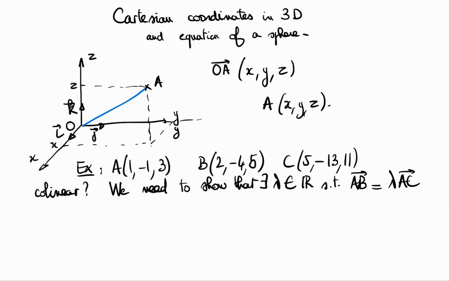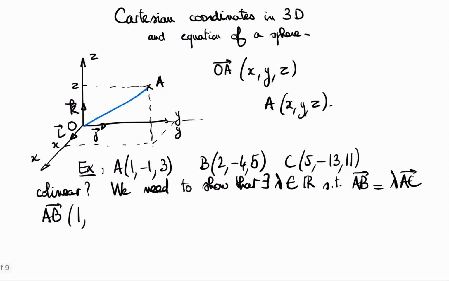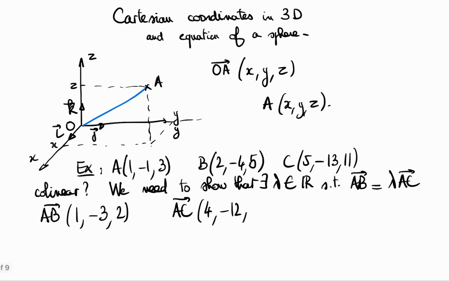So what is AB? The vector AB has coordinates 2 minus 1, that's 1; minus 4 minus 1, that's minus 3; and then 5 minus 3, that's 2. And then the vector AC has coordinates 5 minus 1, that's 4; minus 13 minus 1, so that's minus 12; and then 11 minus 3, that's 8.